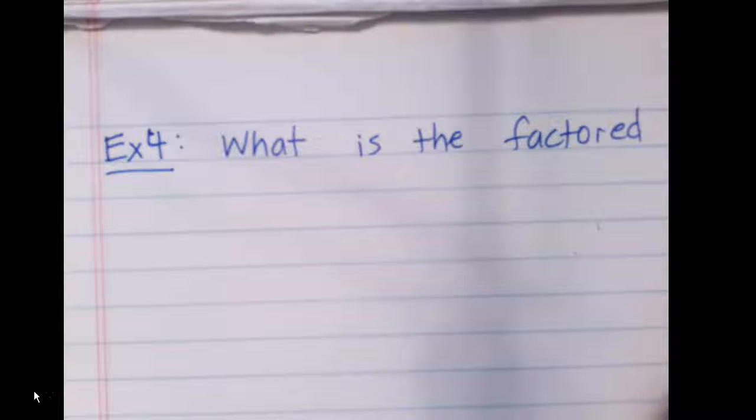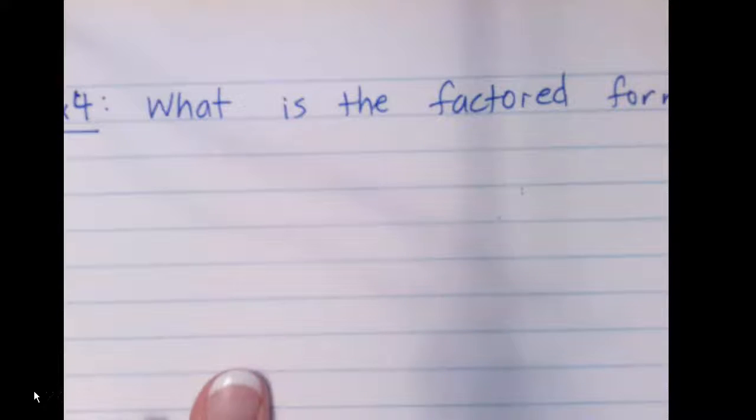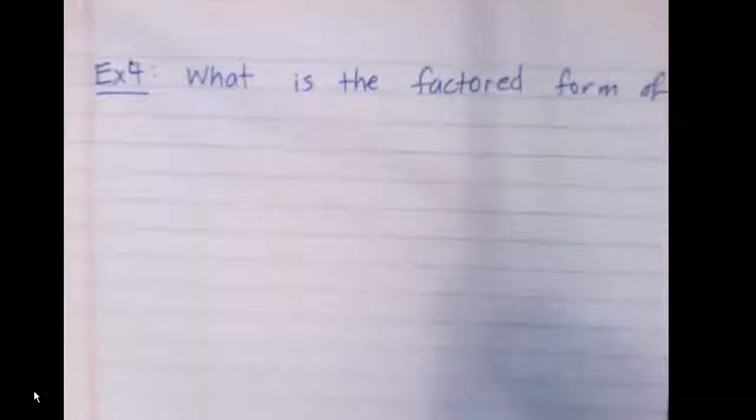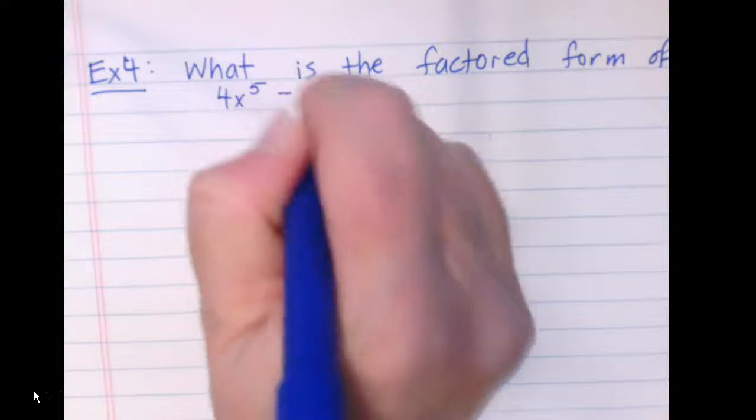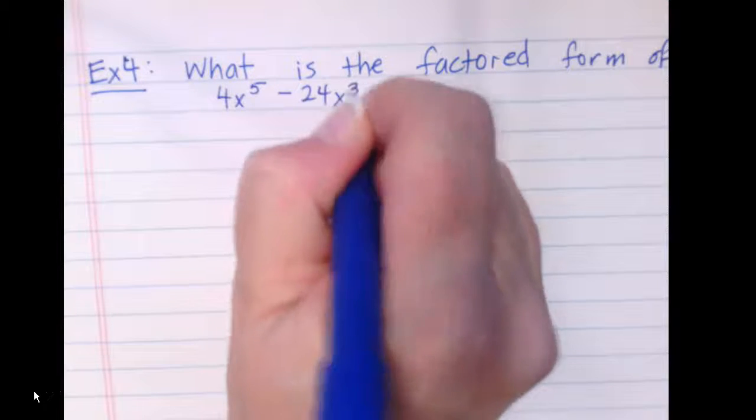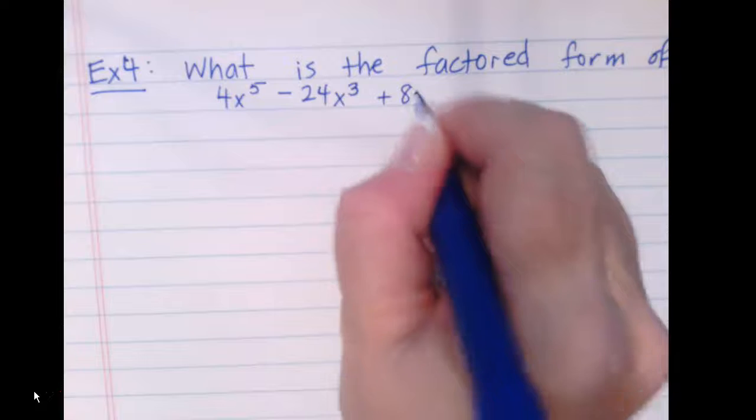What is the factored form of 4x to the 5th minus 24x cubed plus 8x?